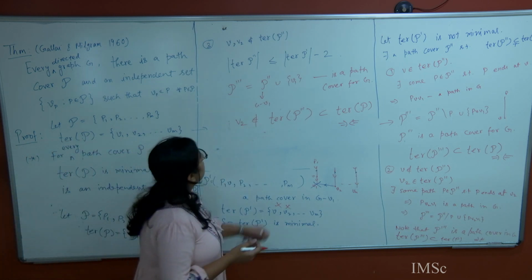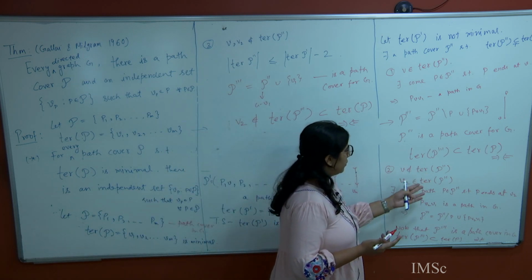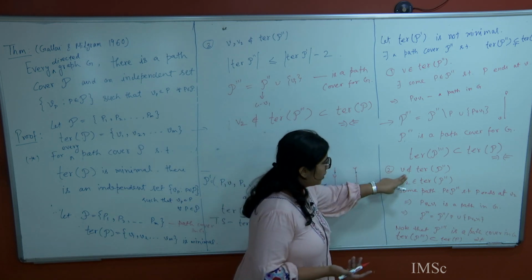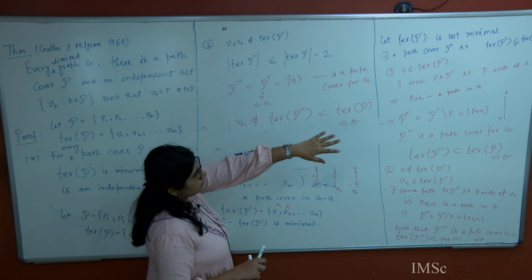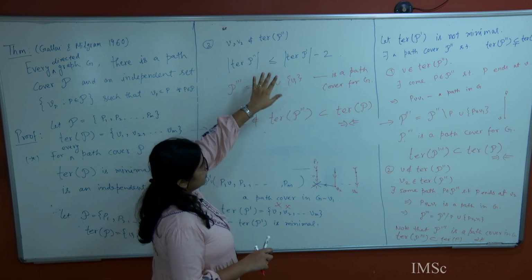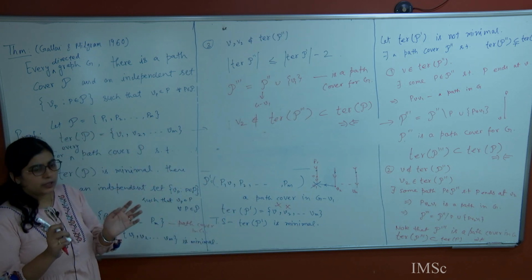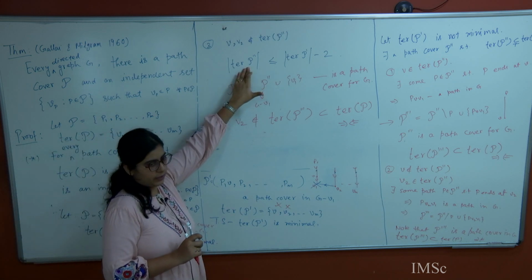Now in the last case, suppose V2 is also not there. If V and V2 both are not there, that means this P double prime, which is a new path cover, has a difference of 2, so at least 2 vertices are missing in the terminal set of P double prime.